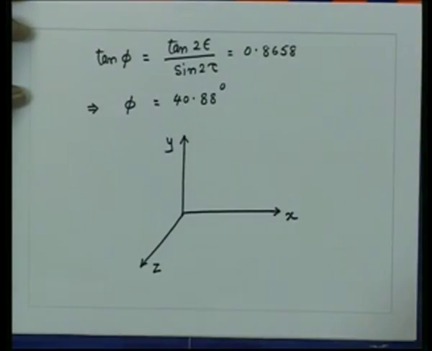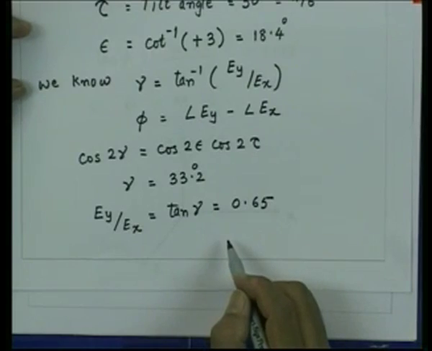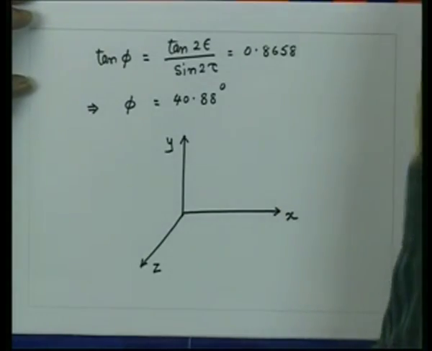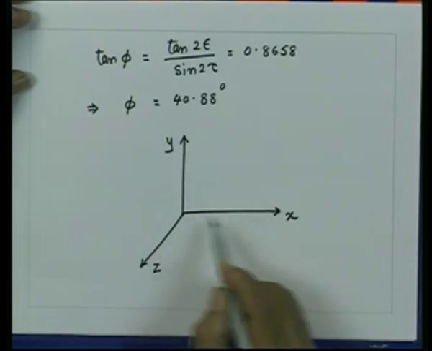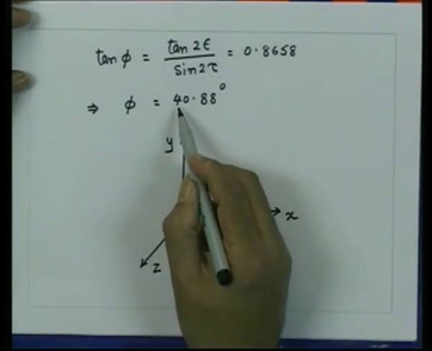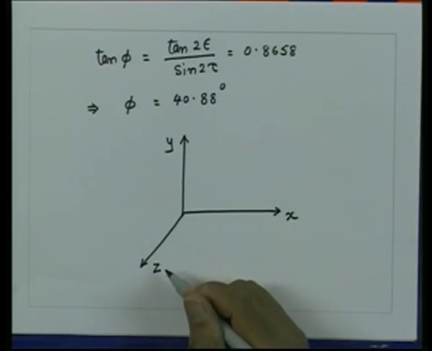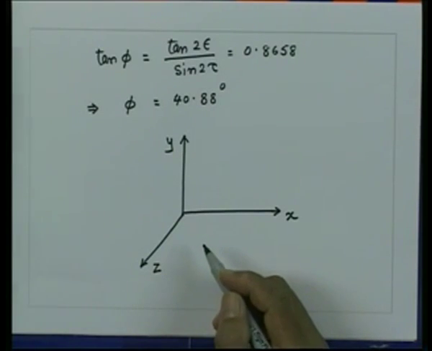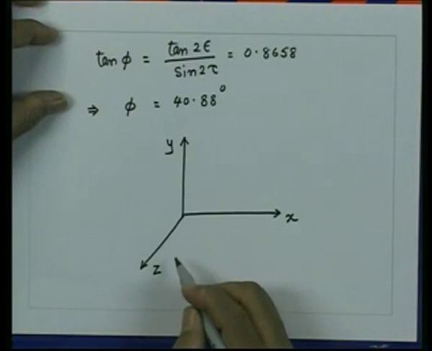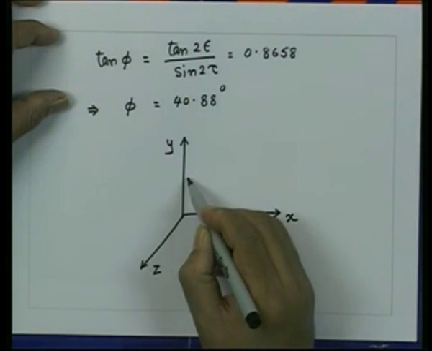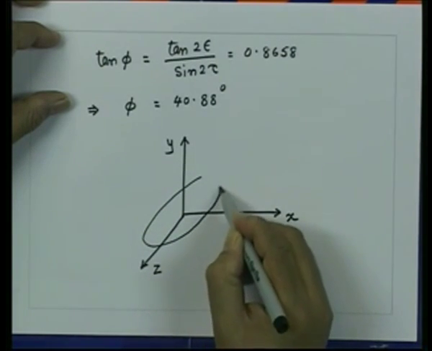If I take the ratio of the electric fields in the x and y direction, which is 0.65, and if we excite these fields with the Ey component leading the x component by 40.88 degrees, then we will generate an elliptically polarized wave with an axial ratio of 3 and tilt angle of 30 degrees. So, this will generate essentially a wave which will look something like this.